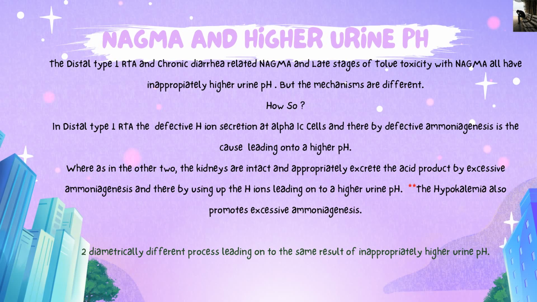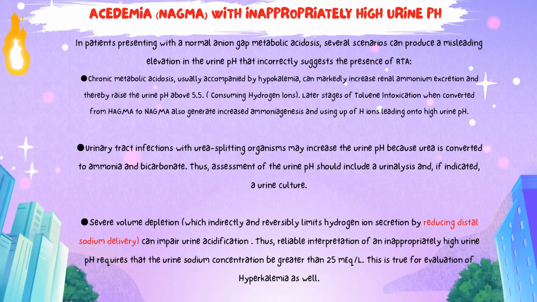So there are two diametrically different processes leading to the same result of inappropriately higher urine pH in these conditions, that is type 1 RTA versus chronic diarrhea and later stages of toluene toxicity related NAGMA. We have looked at normal anion gap metabolic acidosis that results in inappropriately higher urinary pH.